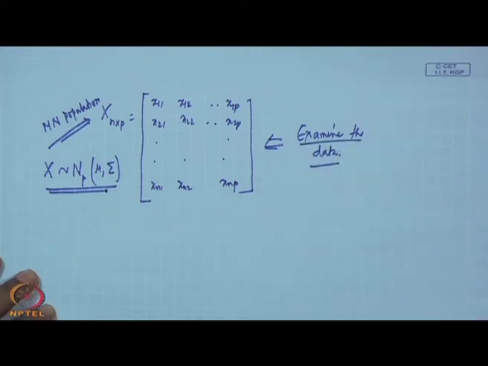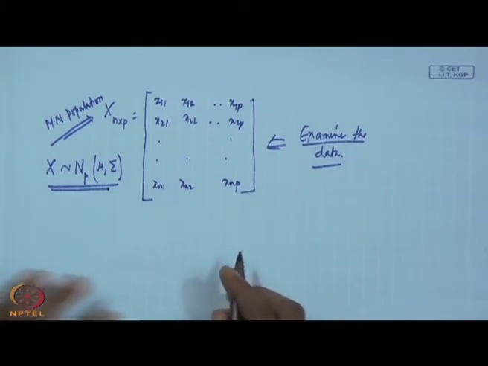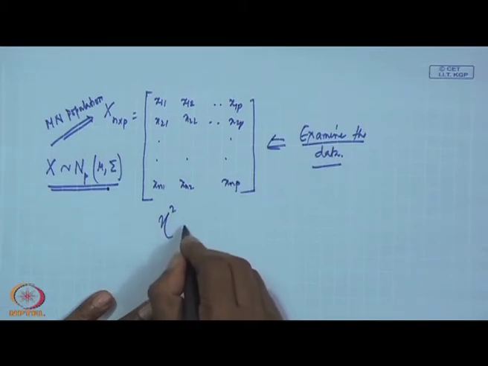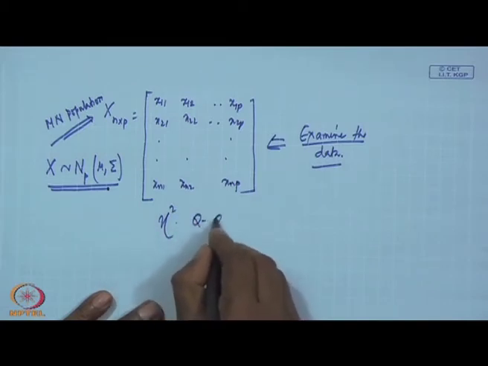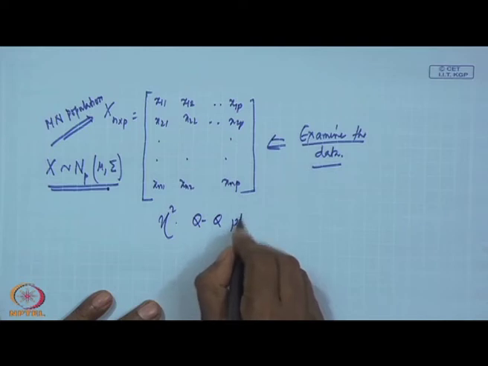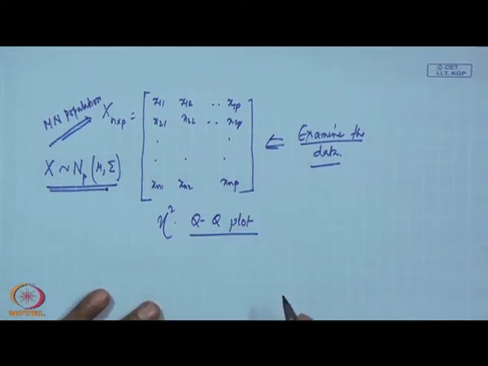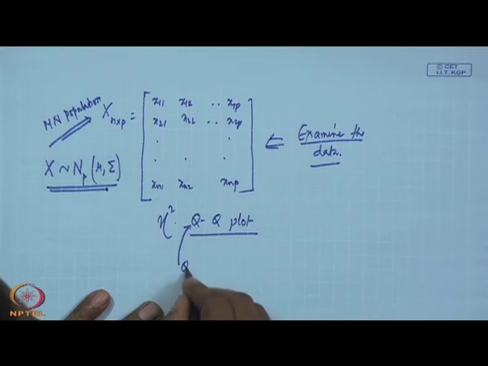So, in the multivariate domain, we will use chi-square quantile plot, QQ plot. Q stands for quantile.